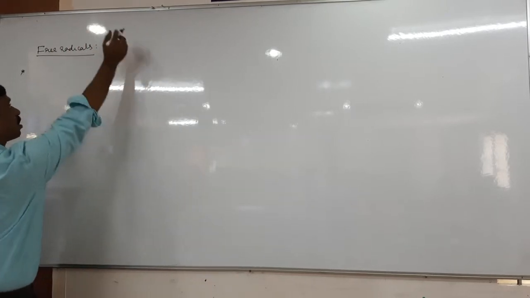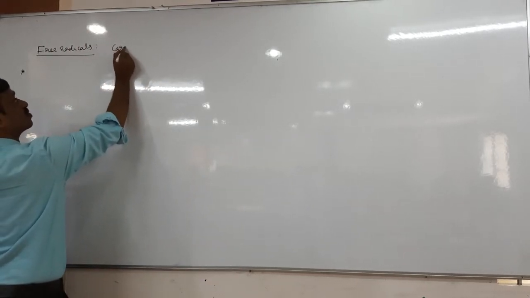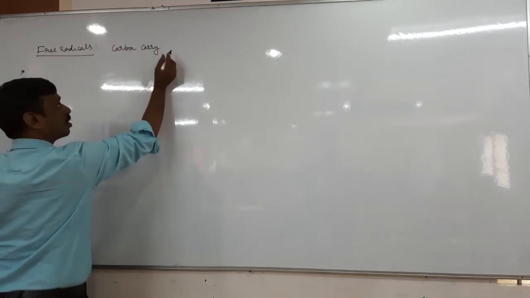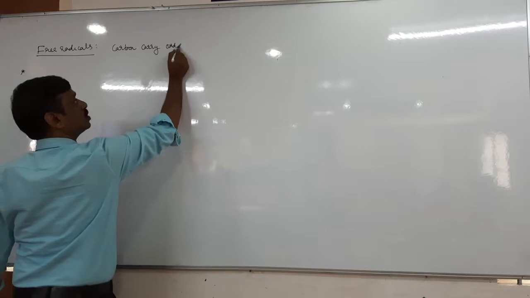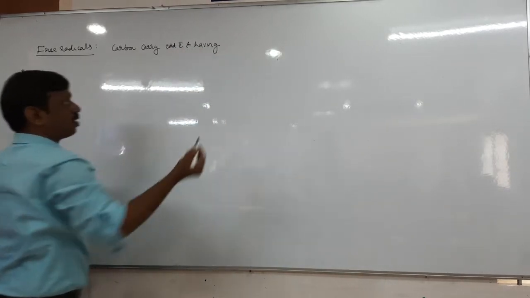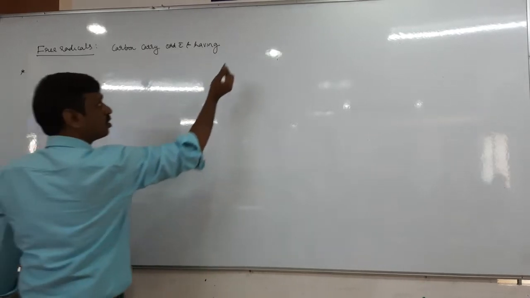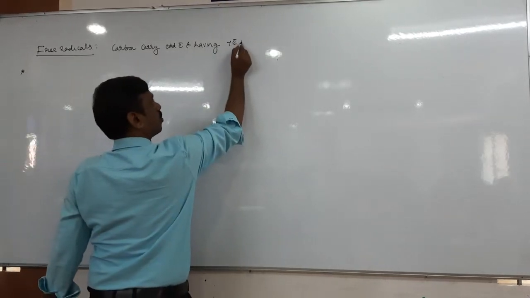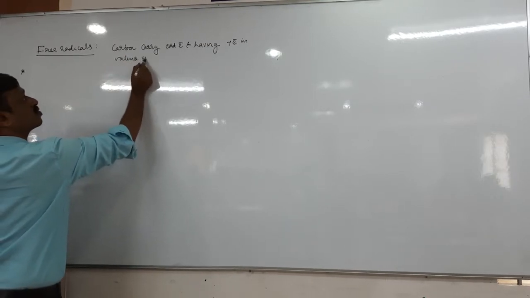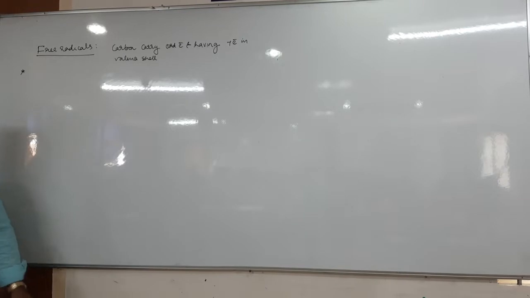Therefore, the organic compound in which carbon carries an odd electron and having 7 electrons in the valence shell is called a carbon free radical.